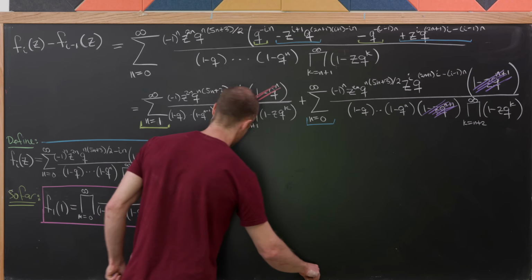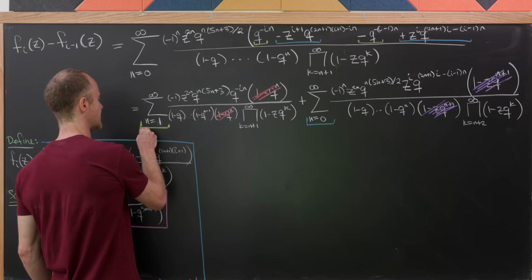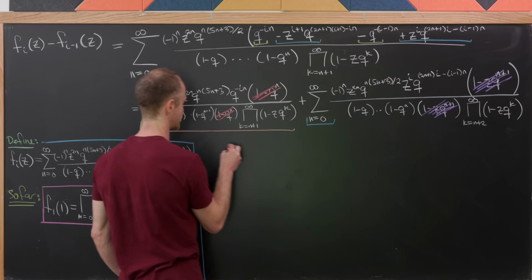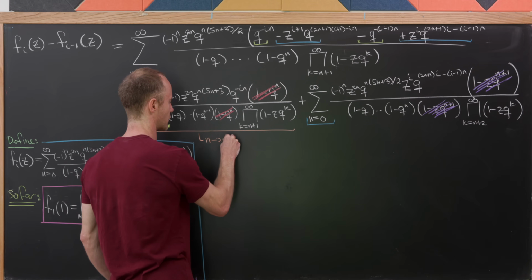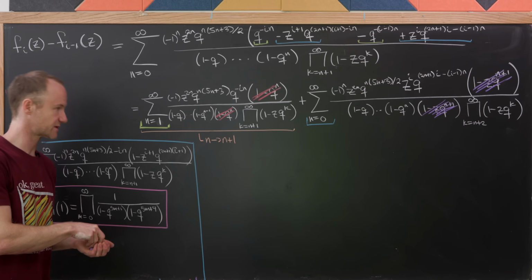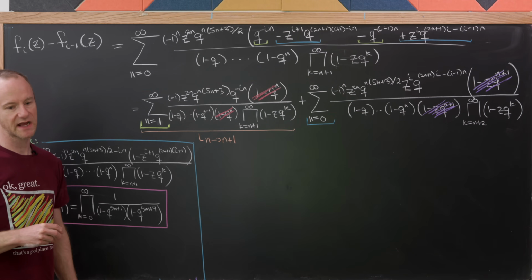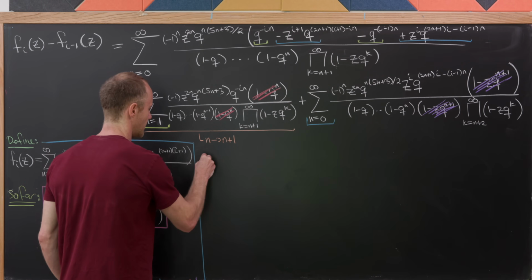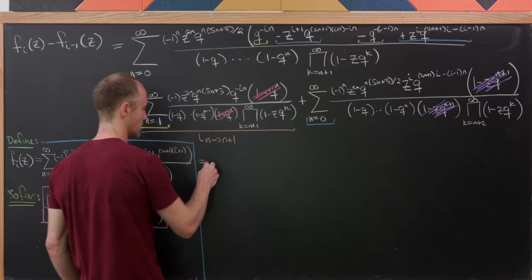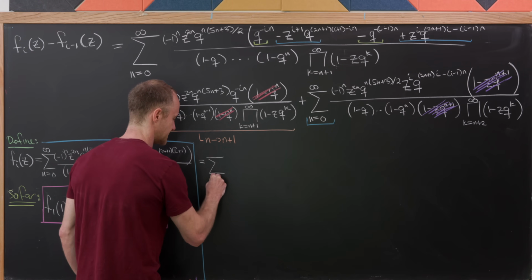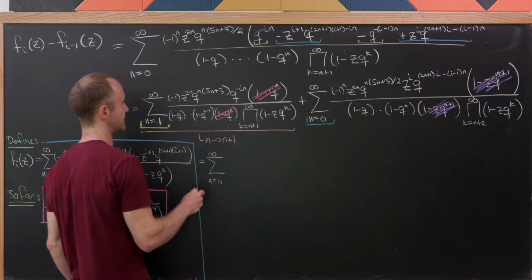Then next up, what we're going to do is a round of re-indexing on this first term. So what I'll do is I'll take all of the n's and I'll replace them with n plus 1s. But what is that going to do for me? Well, that means that this sum will now start at n equals 0. So now I've got this sum as n equals 0 going to infinity.